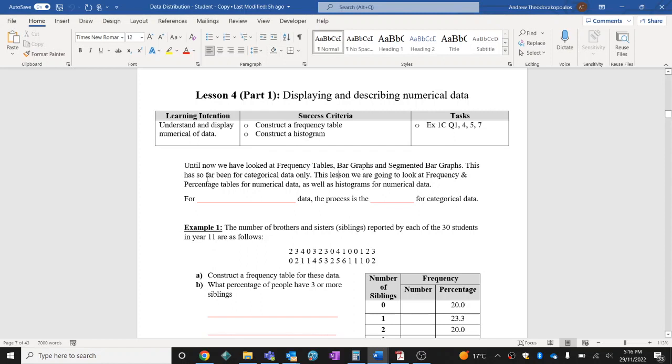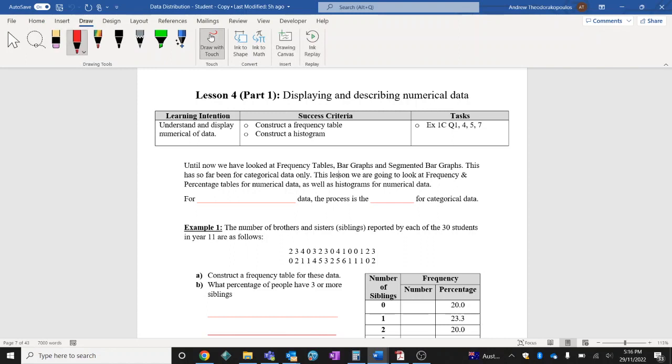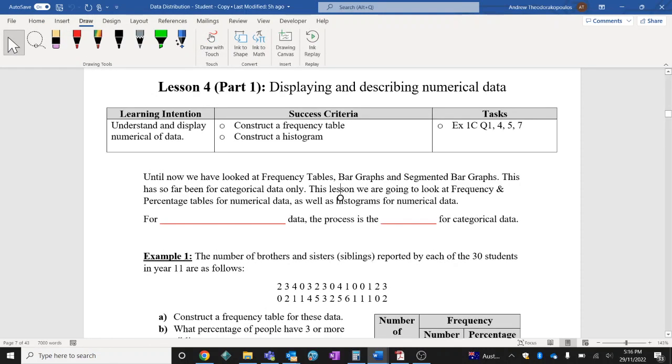This lesson, we're only going to look at frequency and percentage tables for numerical data, as well as histograms for numerical data. So for discrete numerical data, I'll write that in. The process is the same as for categorical data.